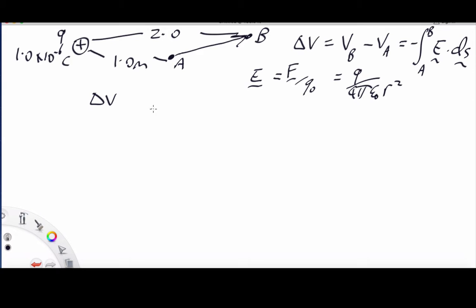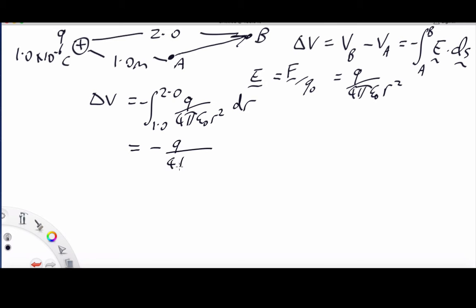So that means our potential difference will be minus the integral, going from 1 to 2, of Q over 4 pi epsilon naught r squared dr. Now we've seen the integral of 1 over r squared done quite a few times now. As usual, we'll bring all the constant terms out the front.